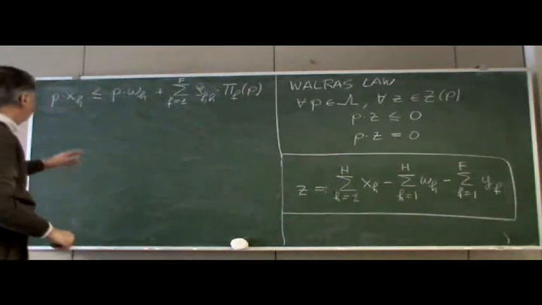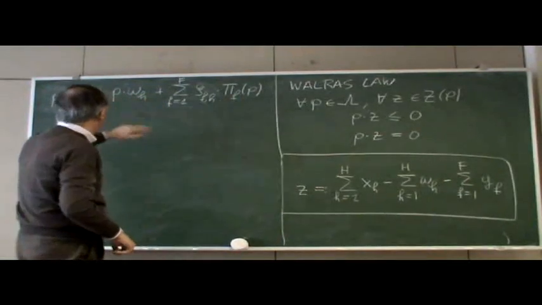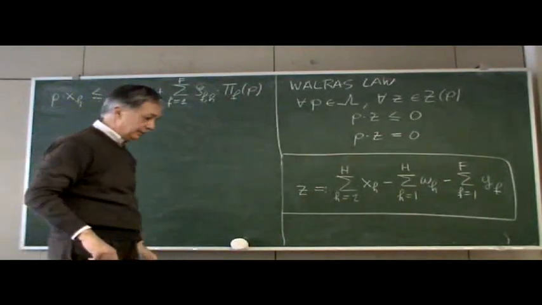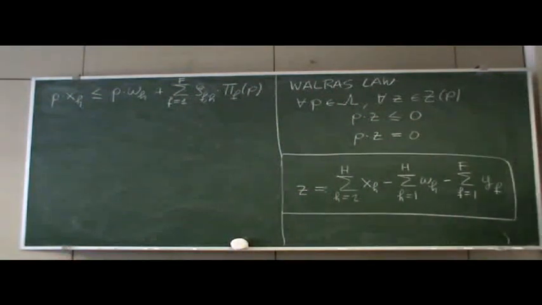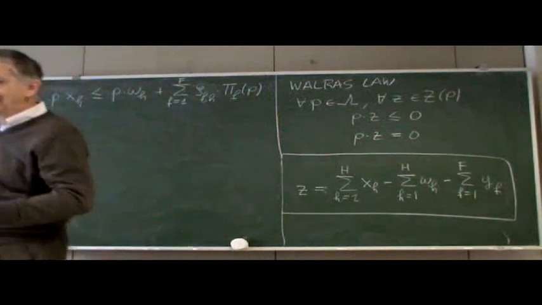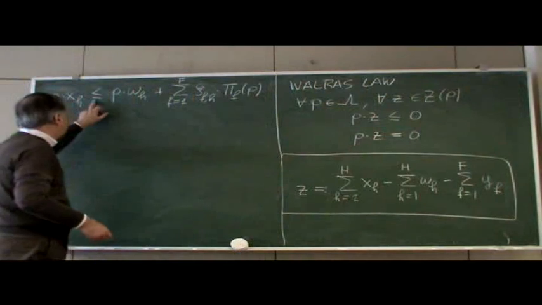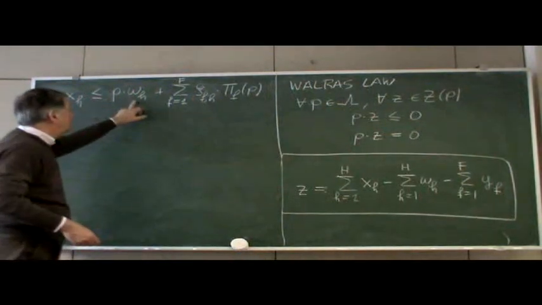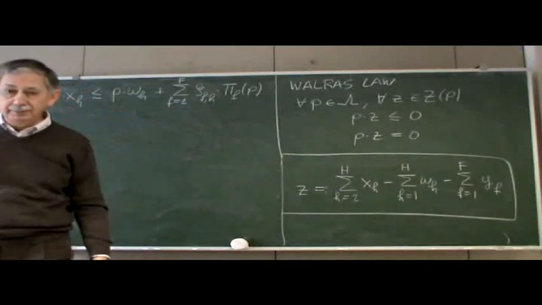Do you remember? This is the wealth of a consumer. According to the definition of a budget constraint, the value of xh, the bundle which is chosen by the h household, does not exceed the wealth of a consumer. Very simple.